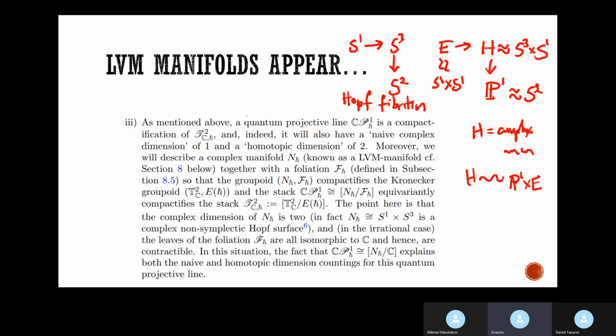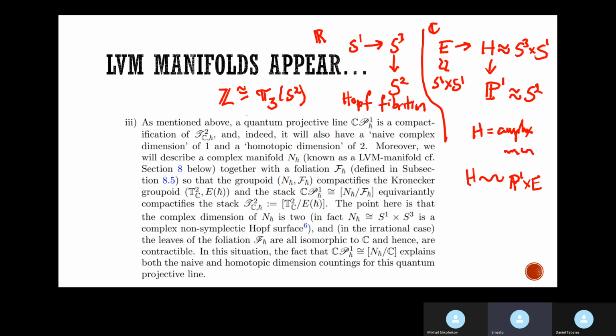In fact, the Hopf fibration realizes in homotopy theory pi 3 of S2 being Z. And it's important in topology. But if I multiply by S1, then I get the complex version of the Hopf fibration. This is kind of the real version of the Hopf fibration, and I will get kind of the complex version.